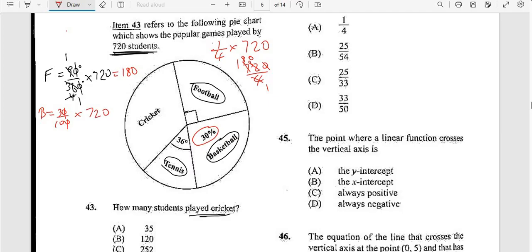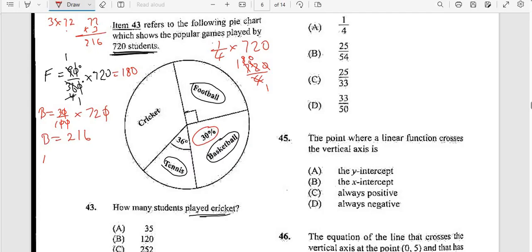Cancel off the zeros, and that's 3 times 72. What is 3 times 72? Okay, so we can write that out here somewhere. We have 72 times 3. 3 times 2 is 6, and 3 times 7 is 21. So that's going to give us 216. So basketball, we have 216 students.